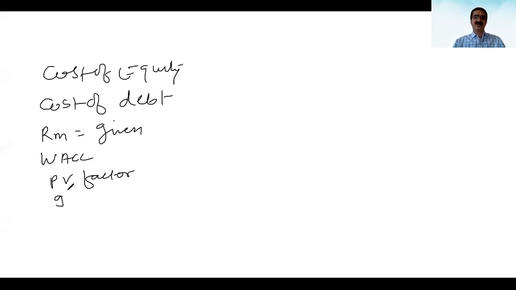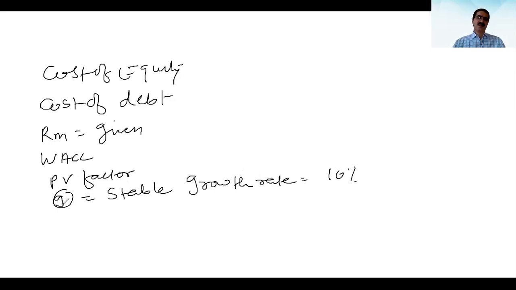Then we need G. G is the stable growth rate. I think it is 10%. After that, we will have the FCFF. We will calculate FCFF.